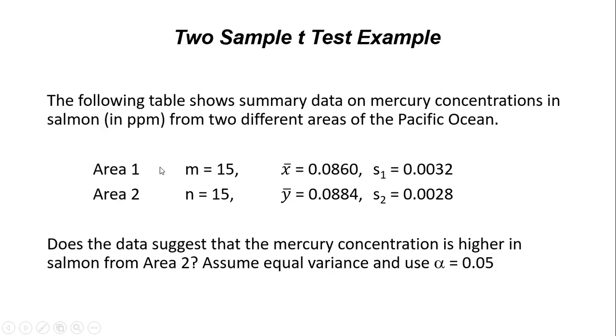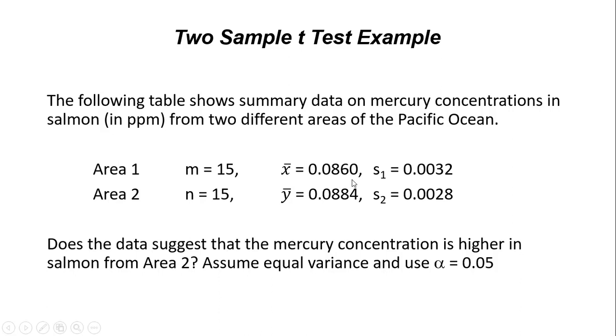So we'll just call them Area 1 and Area 2. You could see that the sample means do look fairly close, right? Area 1 has a sample mean 0.0860. Sample 2, 0.0884. So they do look somewhat close.